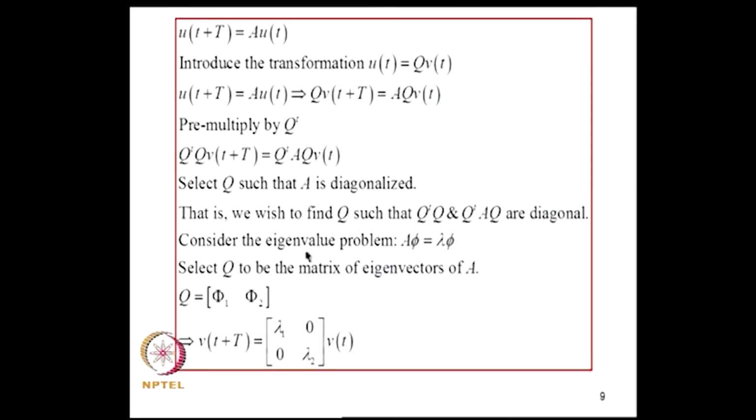So, we can start by considering the eigenvalue problem associated with matrix A, A phi is lambda phi. Now, mind you, A need not be a symmetric matrix, it is real valued but not necessarily symmetric.